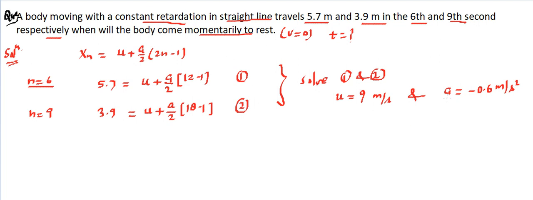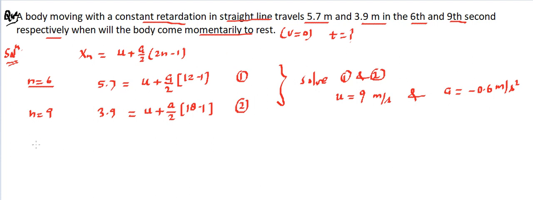So a came out to be negative, that clearly says it's a retardation. We took a as a number like acceleration, and after solving we got a as negative, which claims that it's a retardation. Another way would have been that if I had placed a minus sign over here already, then you will find this a will come out as positive, because initially we considered it a retardation.